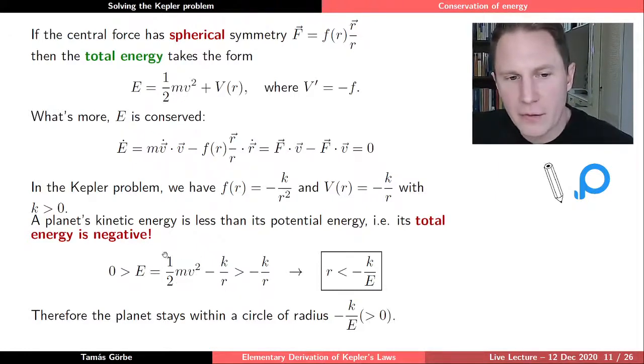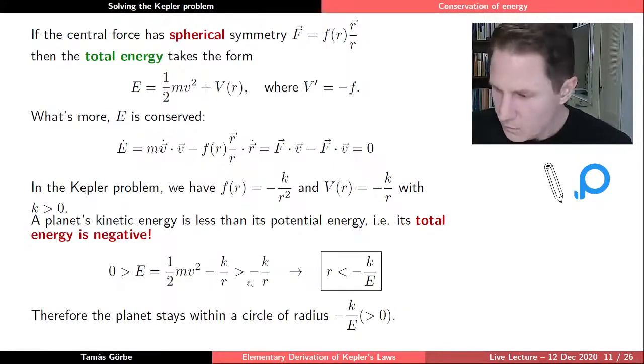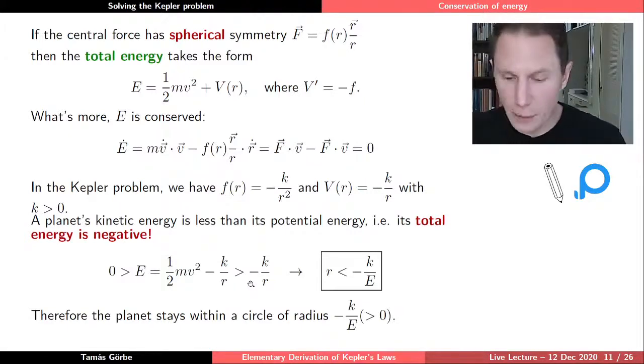But of course, this total energy is 1/2 times the mass times the velocity squared minus k over r. So what we have here in the first term, the kinetic term in the total energy is always non-negative. It's either 0 or positive, and it's most likely to be positive. But even if it's 0, if we omit this first kinetic term, and we are left with only the potential energy term, we will get something that is less than the total energy, right?